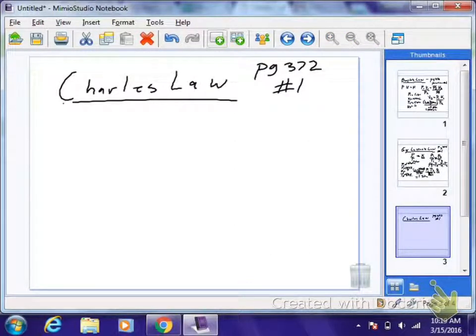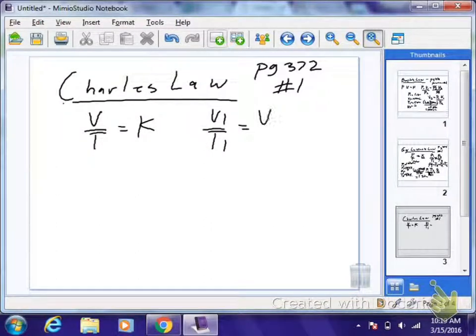So on this one, I'll write out the same information. V over T gives you your constant. If pressure remains constant, then V1 over T1 equals V2 over T2.